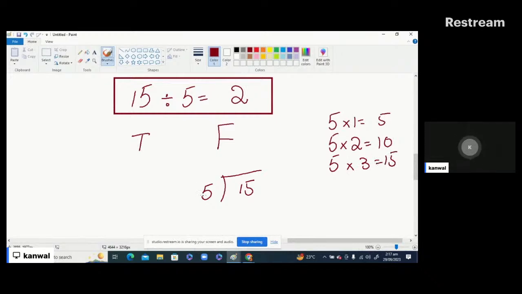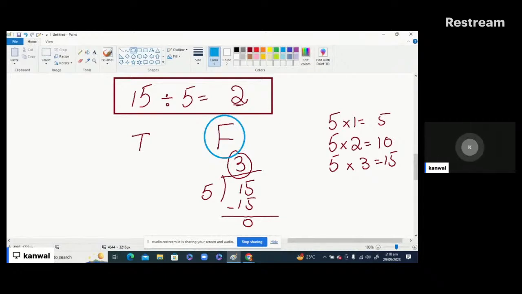So it means that 5 times 3 is 15. When you subtract, here is 0. So the answer is 3, but here the answer is 2. So it means that this statement is false. Okay, so here is false.